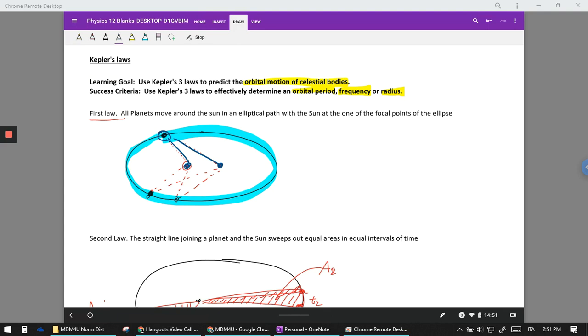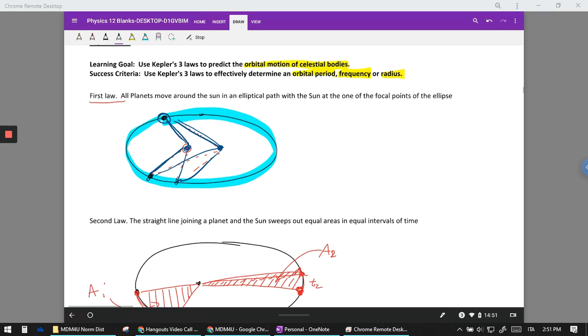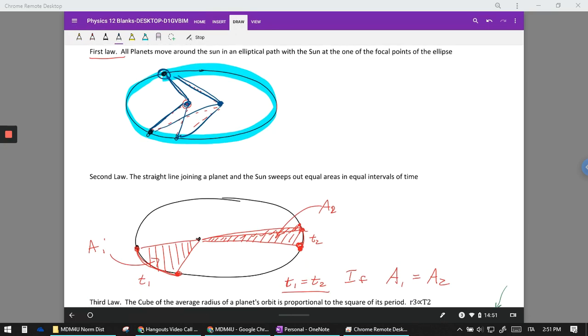If I take the sum of these two distances, these two blue lines, it should be equal to the sum of these two other blue lines. That's the definition of an ellipse.